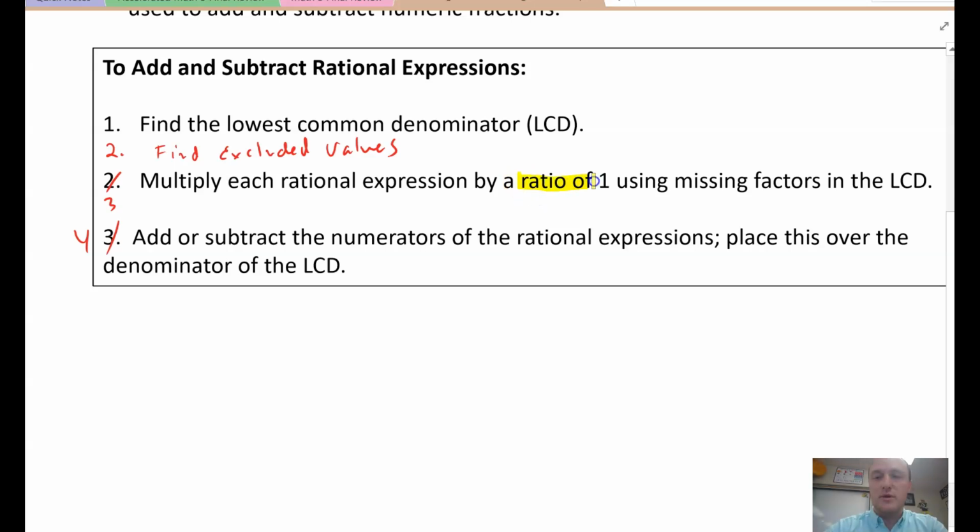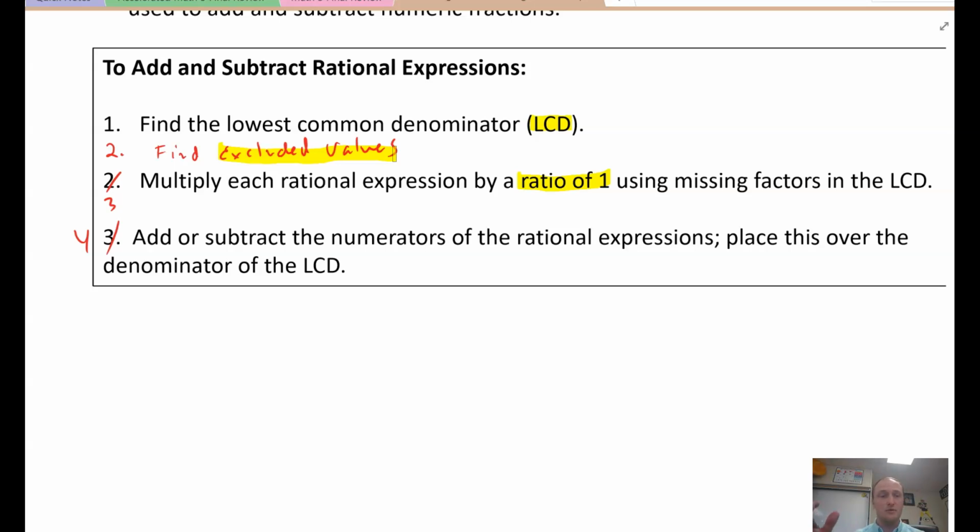This is very important: ratio of 1. If you're a highlighter person too, you can highlight lowest common denominator, excluded values, ratio of 1. These are the one-word things. And then last but not least, you're just going to add.